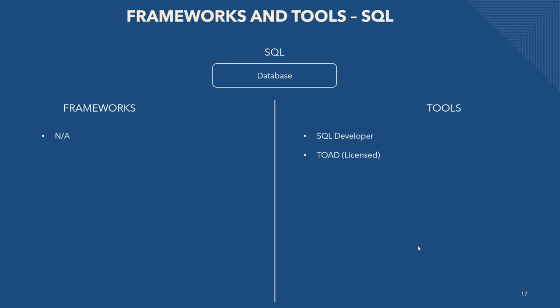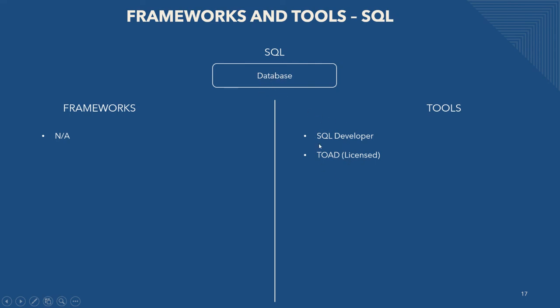The next one is SQL. SQL is a structured query language, which is used to interact with a database. There are so many databases in the industry, but the most famous ones are Oracle database and MS SQL database. Oracle database, as the name says, is owned by Oracle, who developed that database, and MS SQL is a Microsoft SQL database. It's a Microsoft developed product, and if you learn SQL, structured query language, you can work with either of the databases.